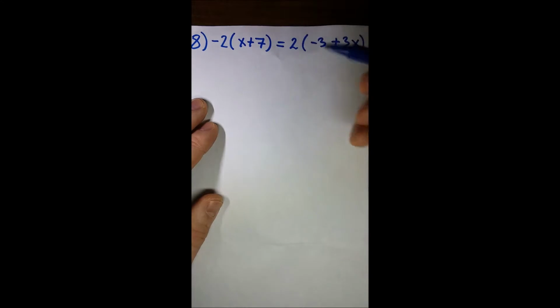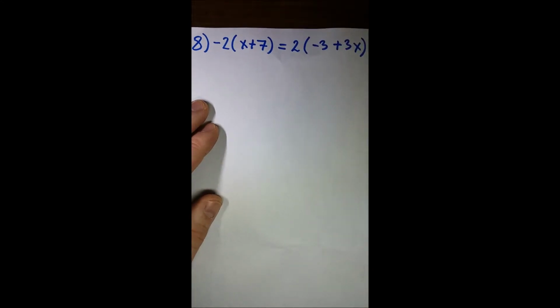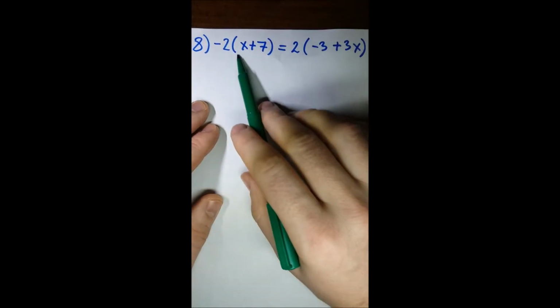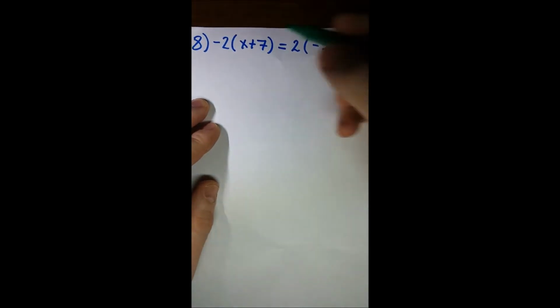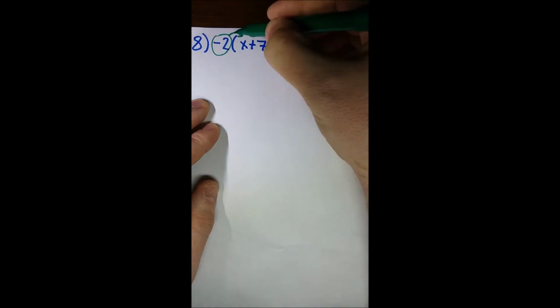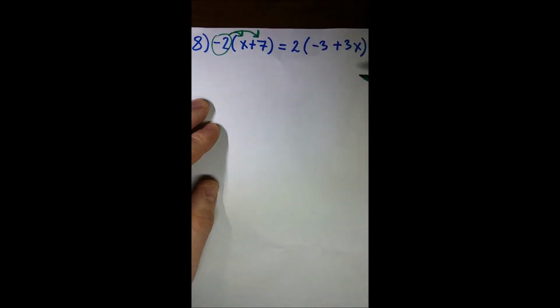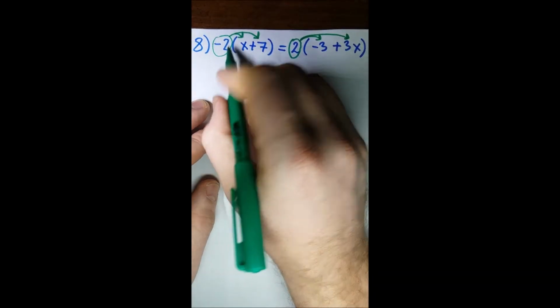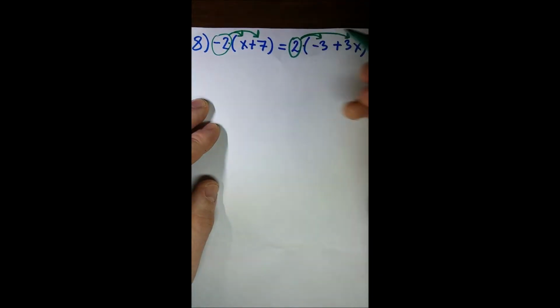Question number 8. We are looking at a lot of variables on the left, variables on the right. So first step we've got to do is take this negative 2 and distribute into the first parenthesis. Then also you've got to take this 2 and distribute it into the parenthesis it's being multiplied by. Here's the thing. If you don't see the sign, there's a multiplication here, there's a multiplication there.